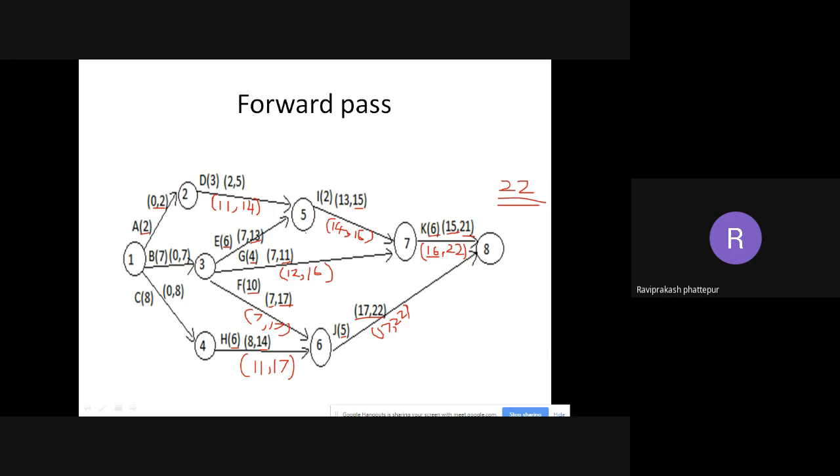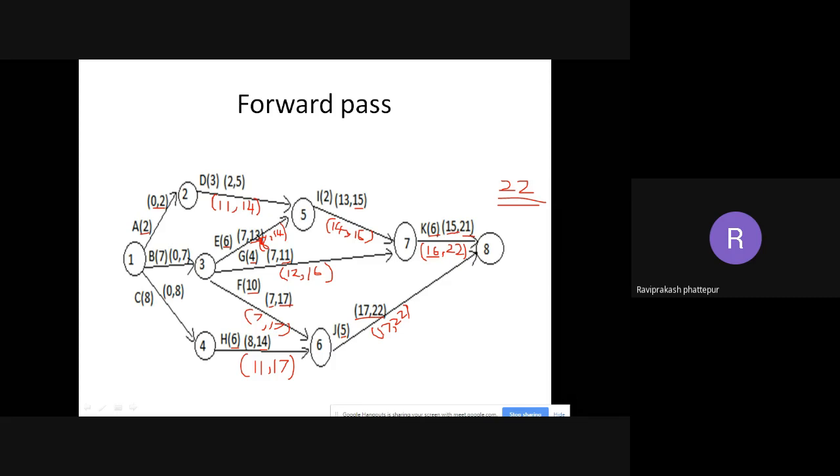Now coming to E. When it will end, again it is 14. So 14 will be written here, comma. When it will start, 14 minus 6. What is 14 minus 6? Yeah, tell me now. 8. This is 8 comma 14. Okay, this is done, this is also done.